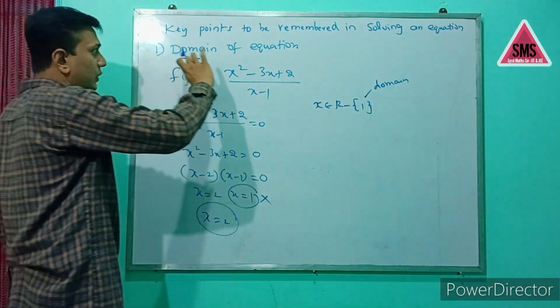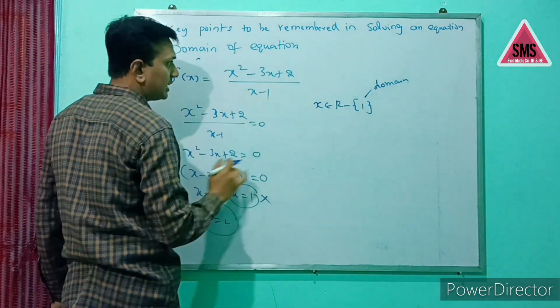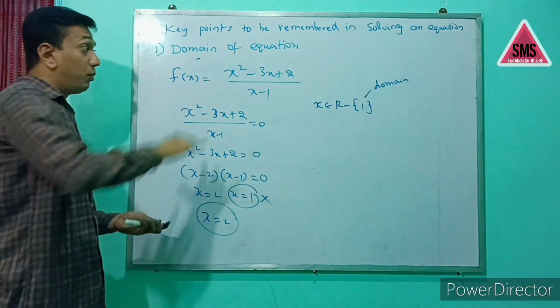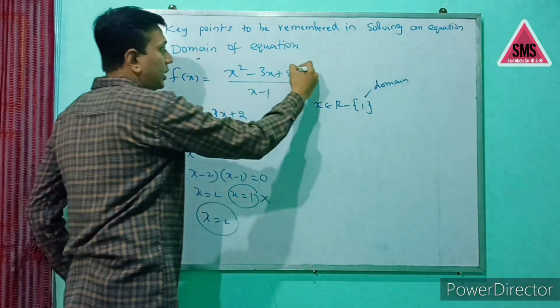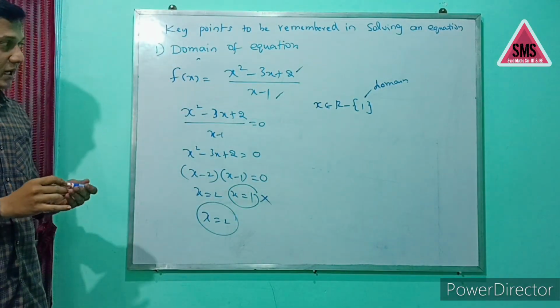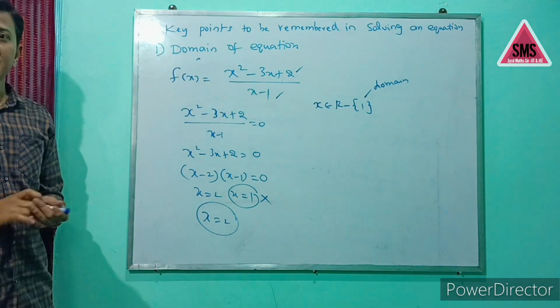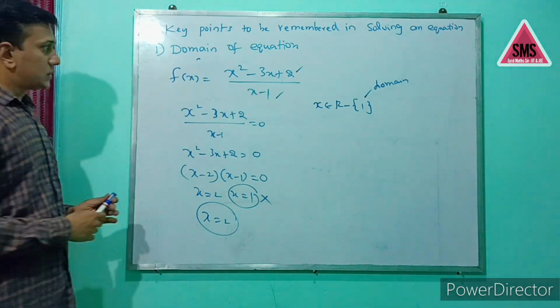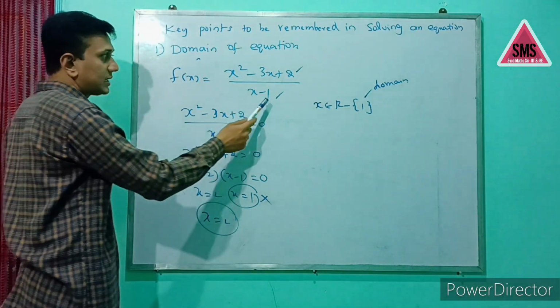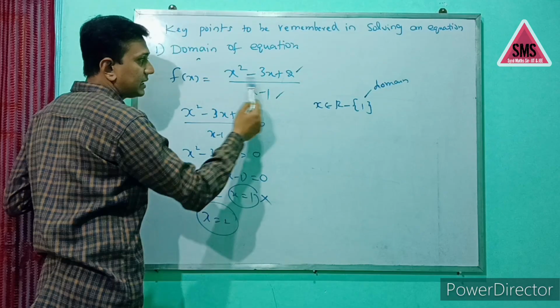Understood? So for x squared minus 3x plus 2 by x minus 1, I have to select the domain which is suitable for both expressions. Both the numerator expression as well as the denominator expression should be satisfied. If any one of them is not satisfied, I should not take that value. So I have to abide by this domain value. x minus 1 is the denominator.